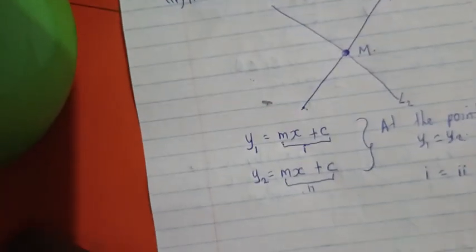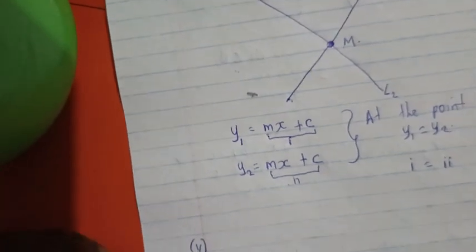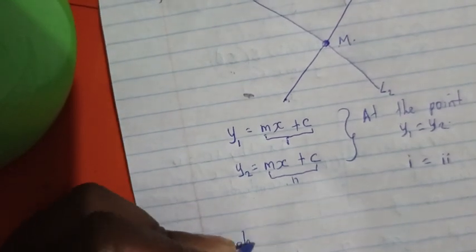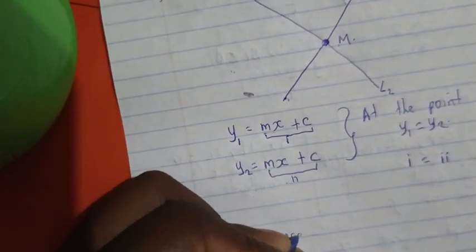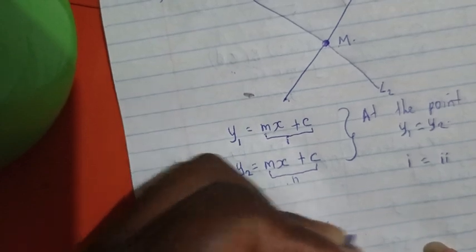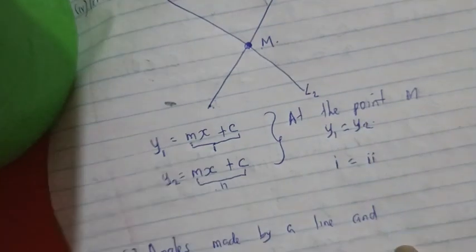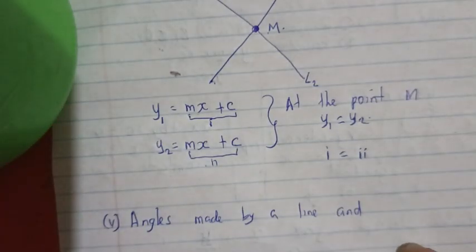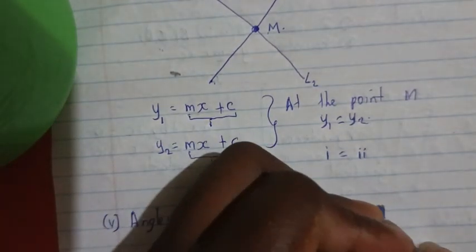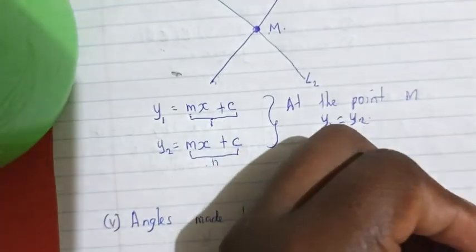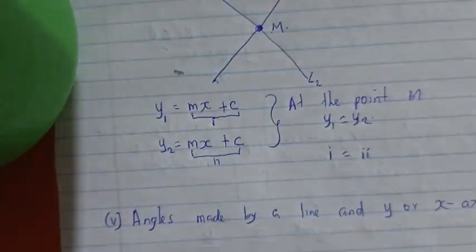Number 5, and the last thing we look at in this part is about angles made by a line and the y or x axis.